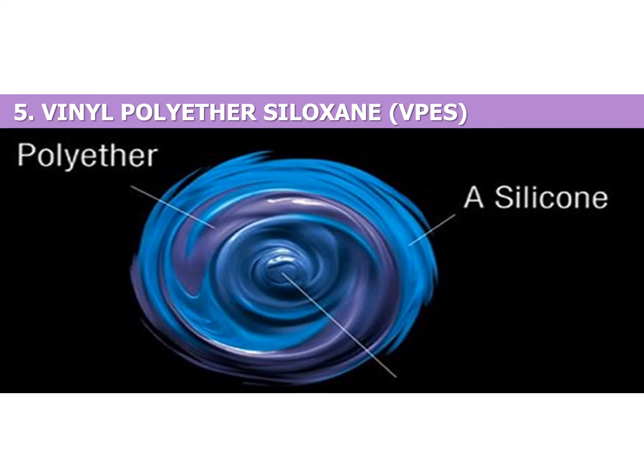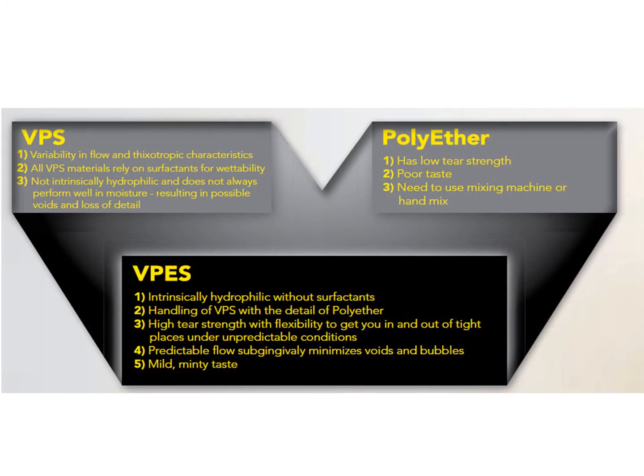The last material is the vinyl polyether siloxane, or vinyl polyether silicone. This material is a combination of polyether and addition silicone. So this material combines the positive characteristics of both materials in one material.